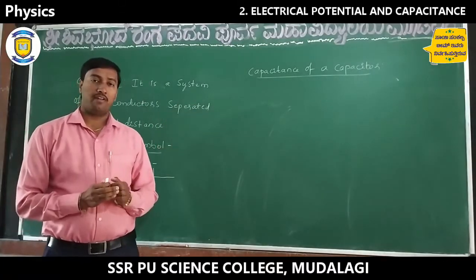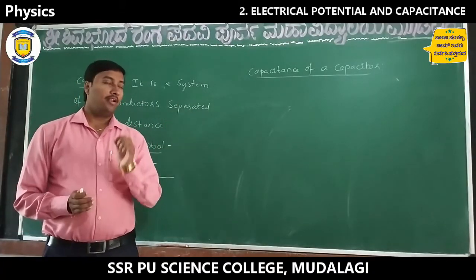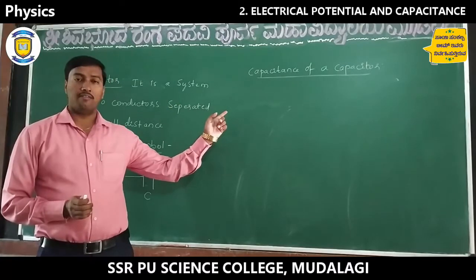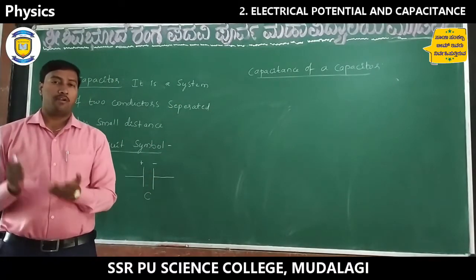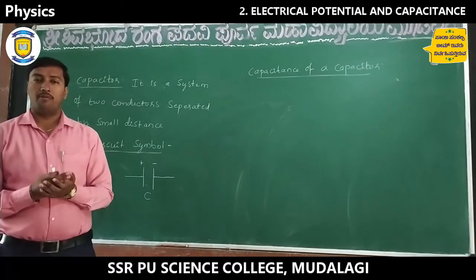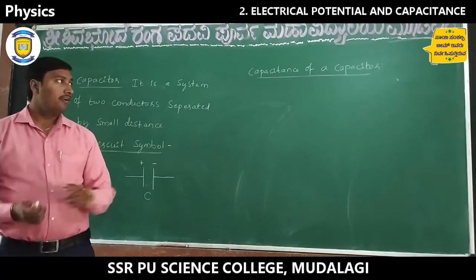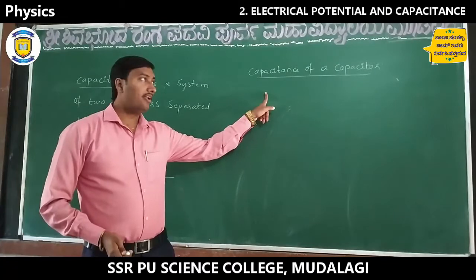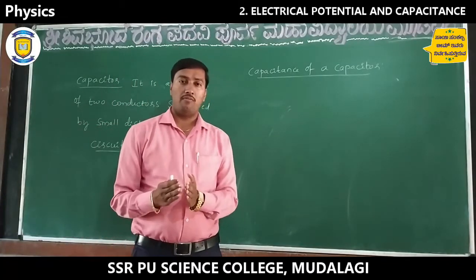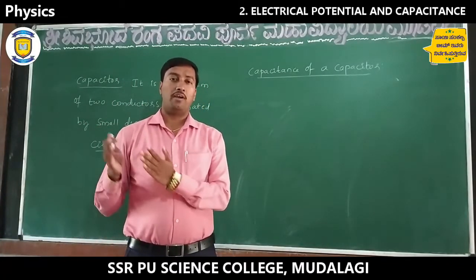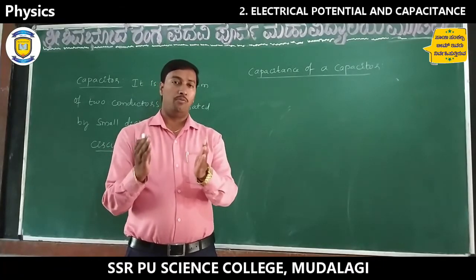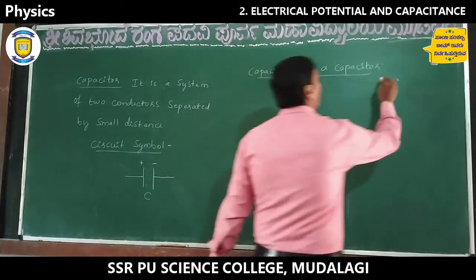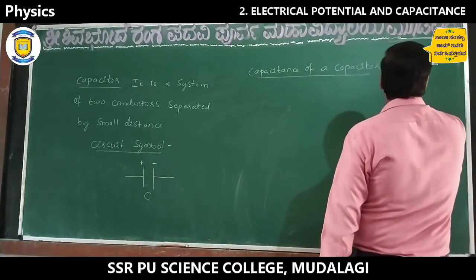Capacitance of a capacitor is the ratio of the charge on the capacitor to the potential difference between the two metal plates. So it is the ratio of charge given to the capacitor and the potential difference between the two plates, correct?